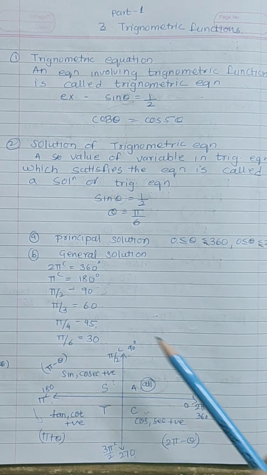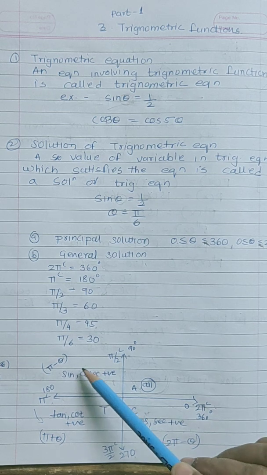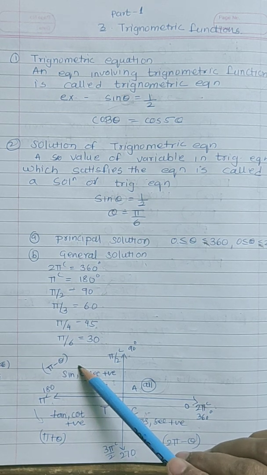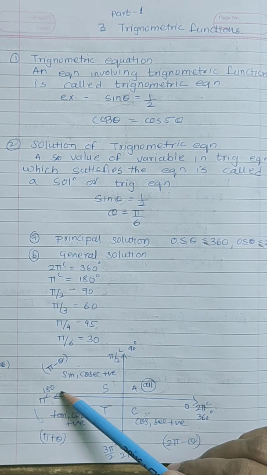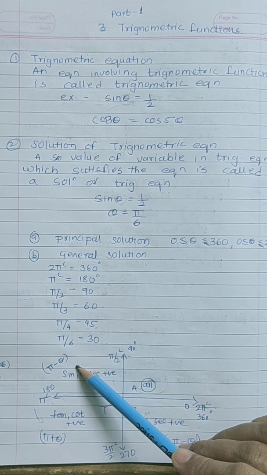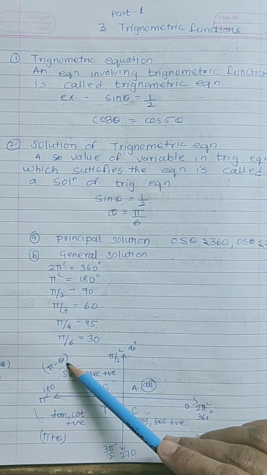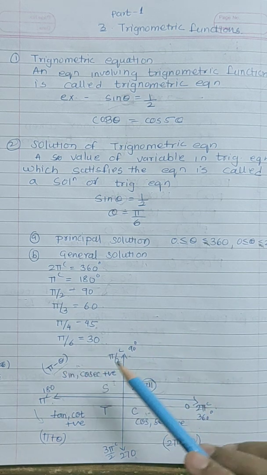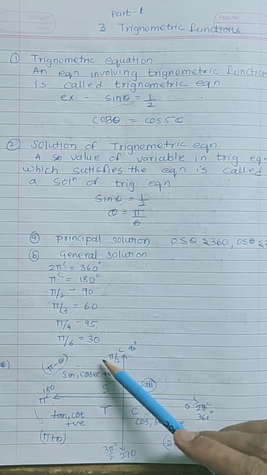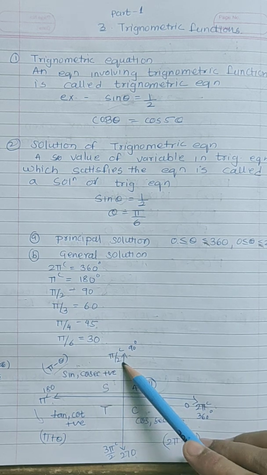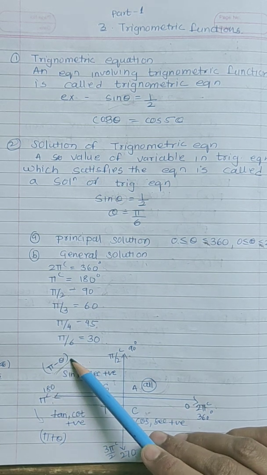So suppose the angle comes in the second quadrant, here it is pi and theta comes here in the second quadrant. So while taking the allied angle, you will take pi minus theta. You could take pi by 2 plus theta also, but because of that the trigonometric function changes, sine to cos. So you will always take pi minus theta, so it will be easy.